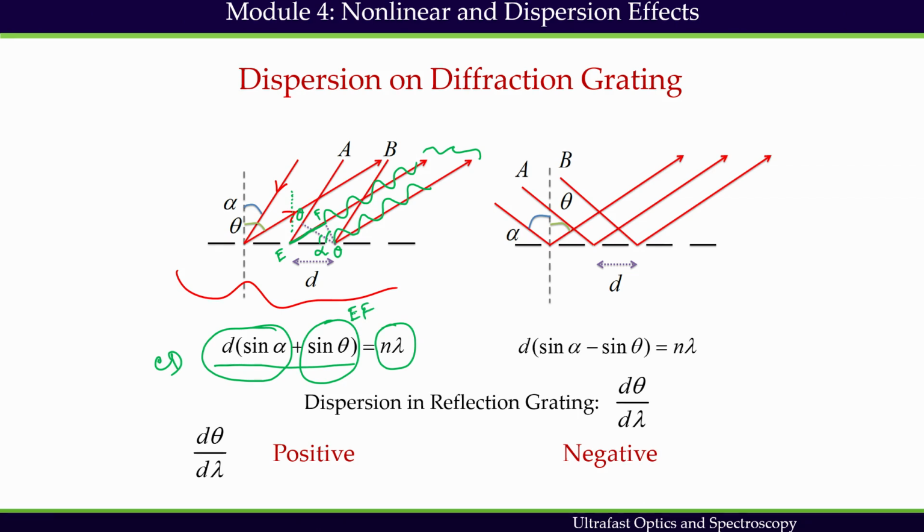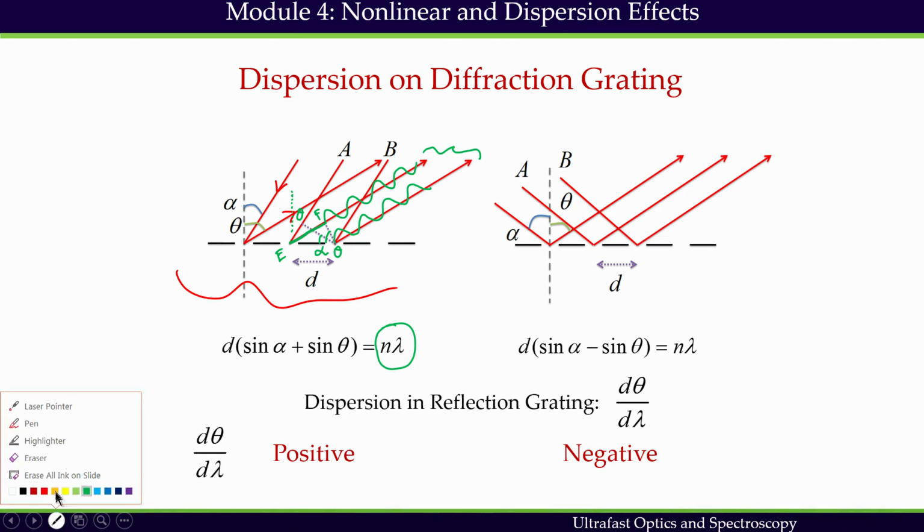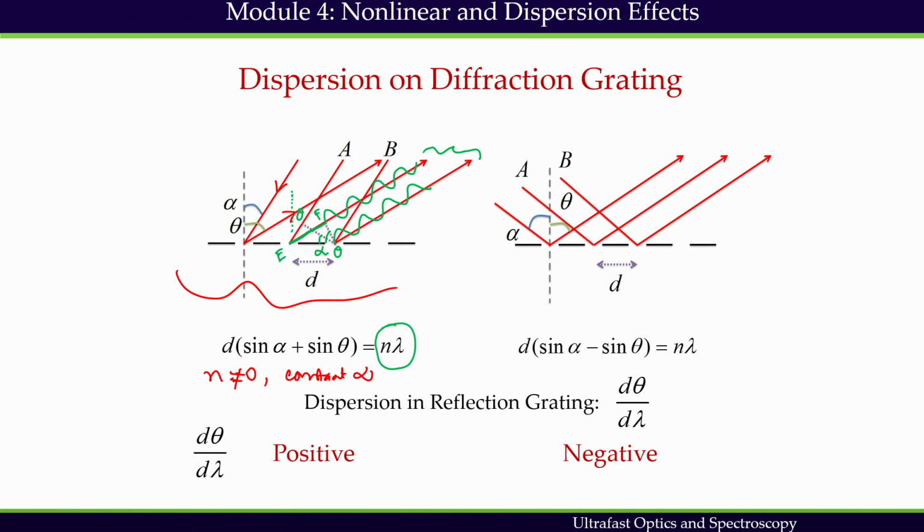So the total extra distance traveled by A is going to be d (sine alpha plus sine theta), and that has to be equal to n lambda, to have the constructive interference between the two diffracted beams A and B. And for n not equals 0, if we look at the higher order term, for a constant alpha, what we get is that sine theta is going to be proportional to lambda, or in other words, d theta d lambda is going to be positive.